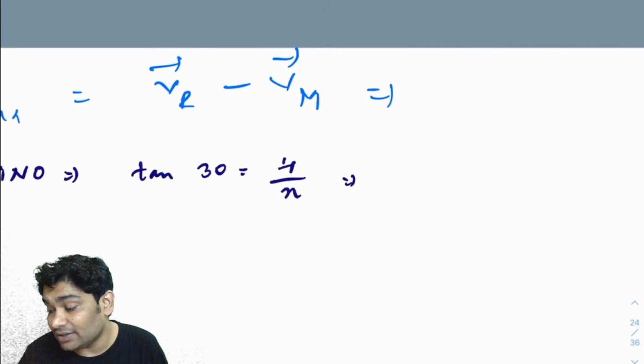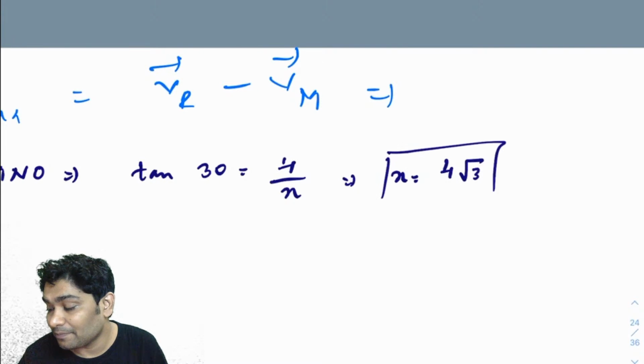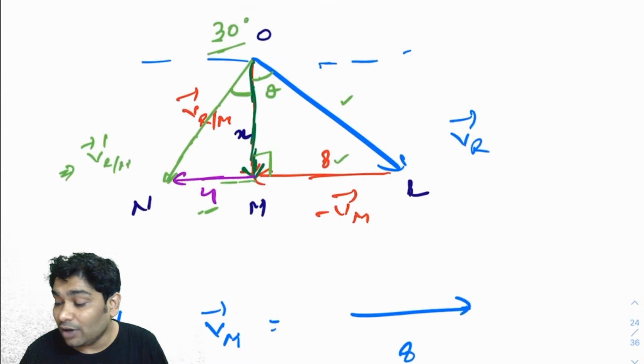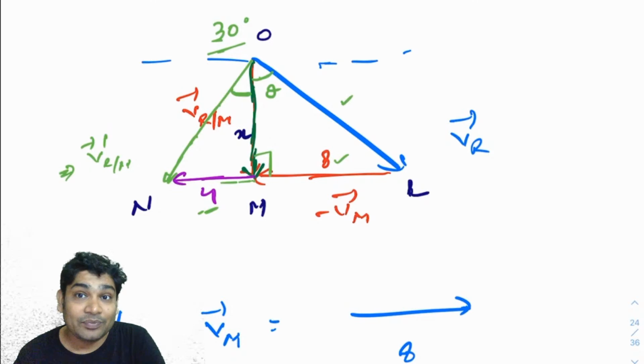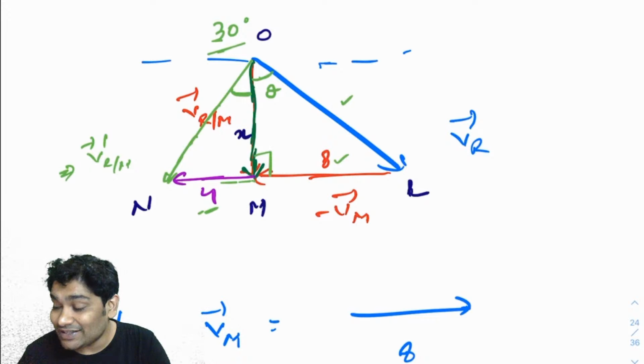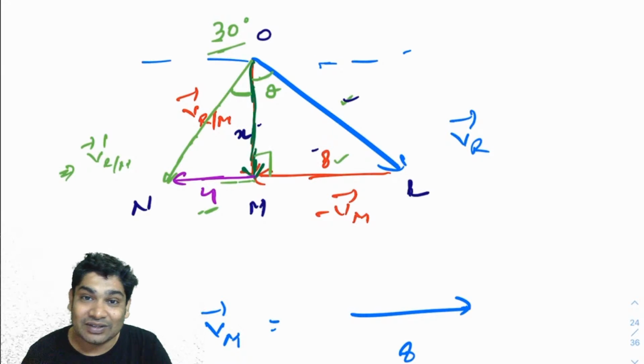So from here I can say that x equals 4 root 3. Alright, so I got my x. Now let's take a look at the other triangle. Triangle OML is a right angle triangle where one side is 8 and one side is 4 root 3. Now this is the hypotenuse. I can very easily calculate that.